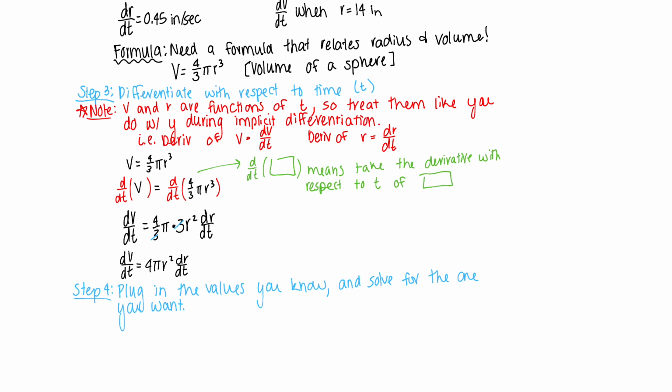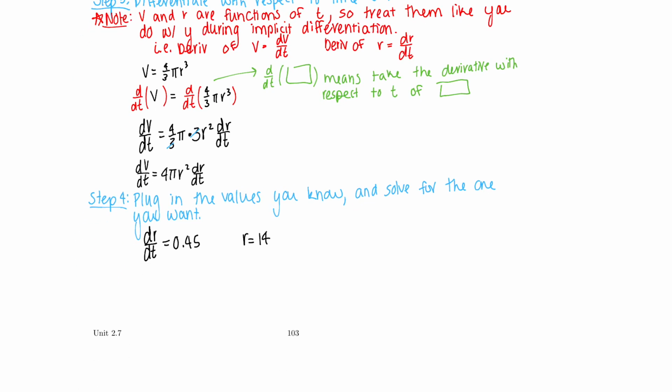So the values that we do have, we know that dr/dt is 0.45, and it's inches. You can put the inches in, but we're just going to put the units at the end at this point. And we know that the radius is 14 inches. So plugging those values in, dv/dt is equal to 4 pi, and then here we have r, right?